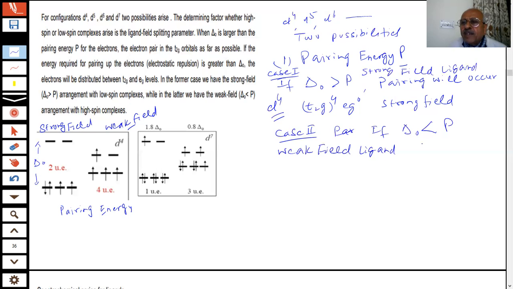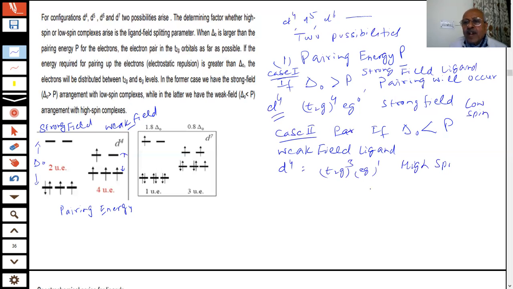So if delta o is less than P, pairing energy is more, then the electron will go to the eg orbital. Pairing is not taking place because pairing energy is more than the crystal field splitting energy. In this case, the d4 configuration will be t2g3 eg1. So this becomes a high spin complex and the other becomes low spin.